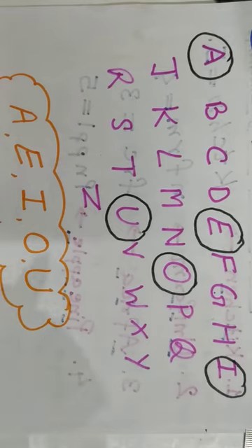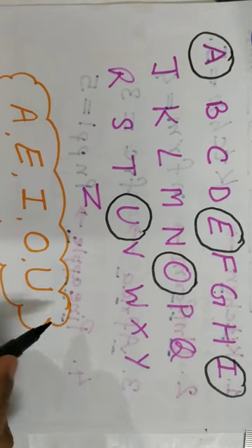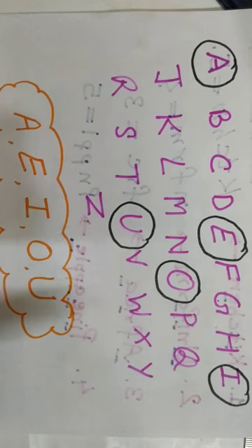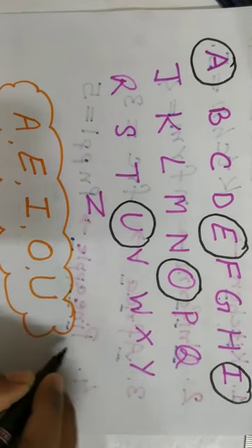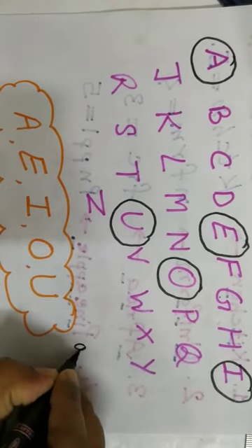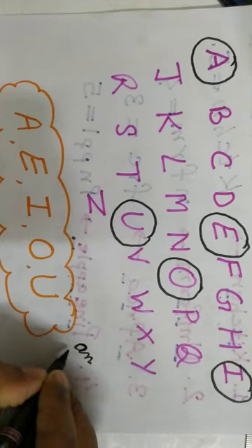What do we use? We use an. अगर कोई word A, E, I, O, U इनमें से किसी एक से स्टार्ट होता है तो हम लोग उसके पहले क्या यूज़ करते हैं? An. We use an before that.